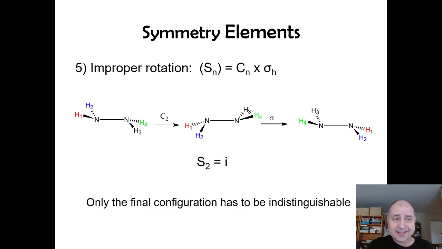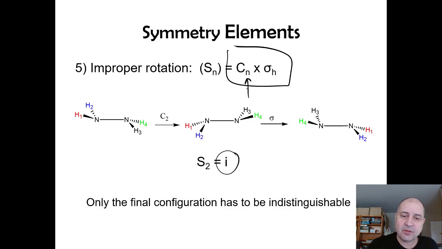So the hardest one is the improper rotation. So let me just first off say that this molecule shown does not have an S2, because an S2 is actually an inversion center. I'm just using that to explain what it is. So if we have, for example, an S2, that would translate into where we replace N with that 2, right?